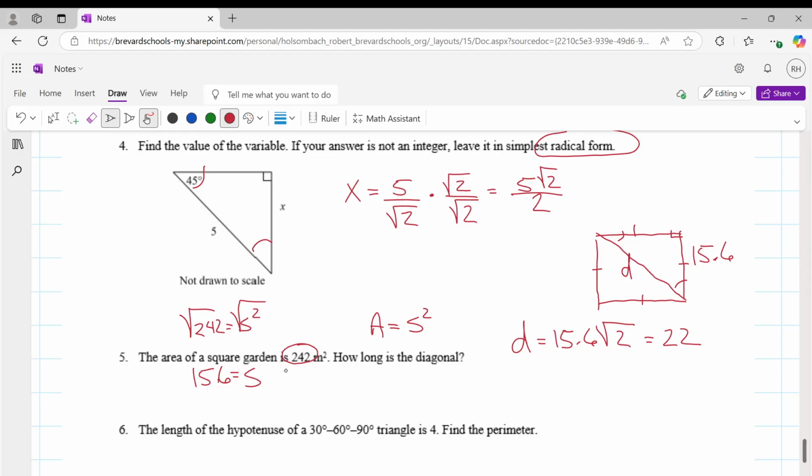All right, so the square root of the area of a square is equal to a side length. And then you multiply the side length by the square root of 2, and it gives you the length of the diagonal.